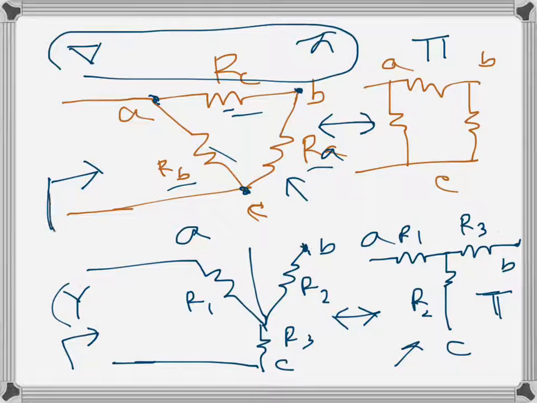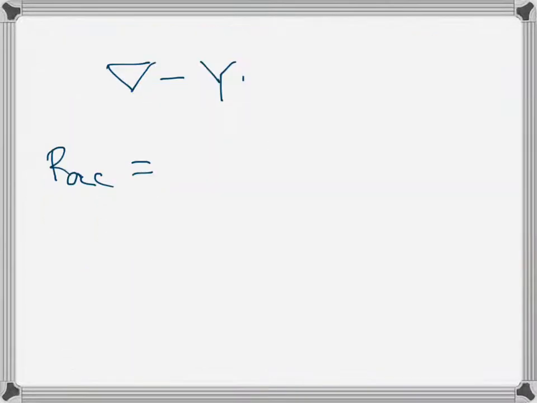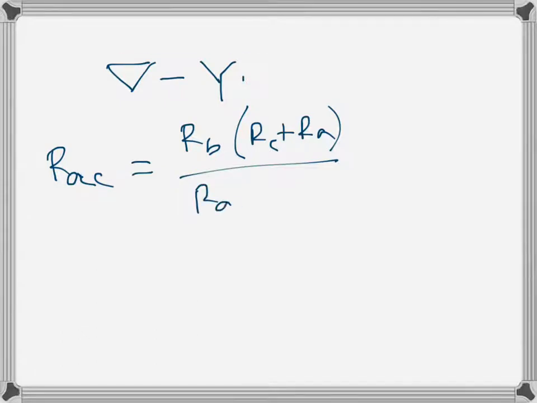If a source is set here, that is the resistance the source will experience. That's what we mean when we say looking from this side. So we can write RB parallel with RC plus RA, because these two are in series, and then divided by the sum of all three, because that's how it is.